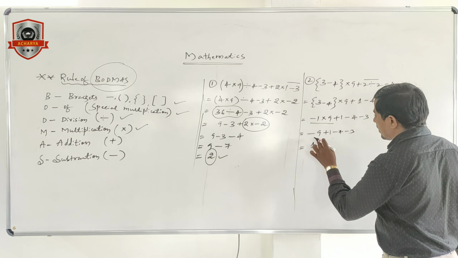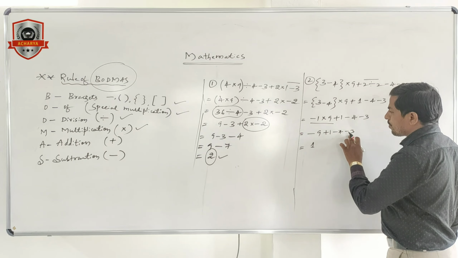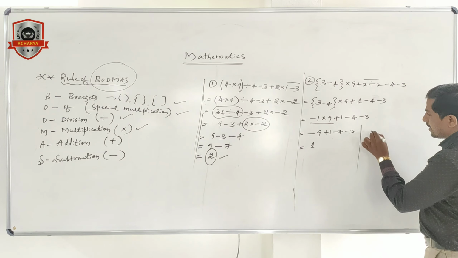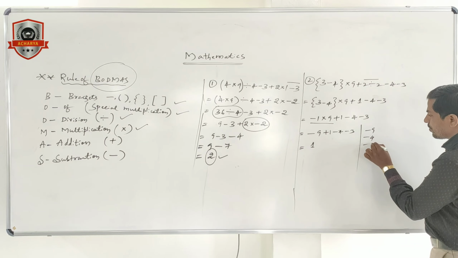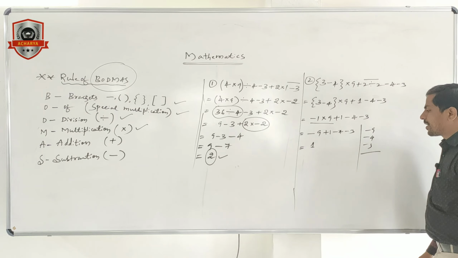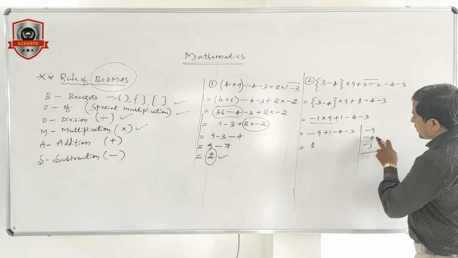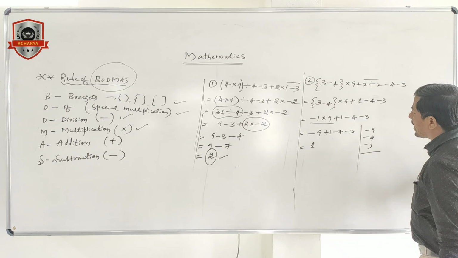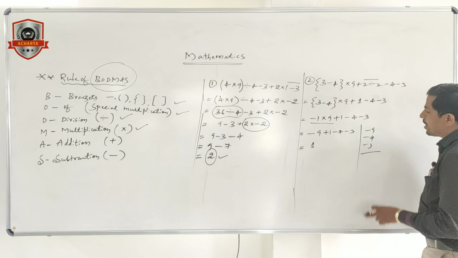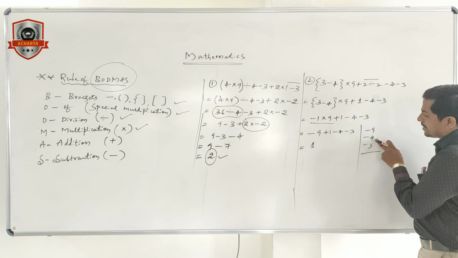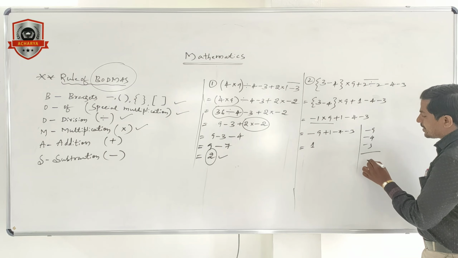This is 1. Then minus 9 minus 4 minus 3. Listen here: minus 9 minus 4 minus 3, what are you getting? 7 and 9, 16. Okay. Whereas 9 plus 4 is what? 13, and 3 is 16.